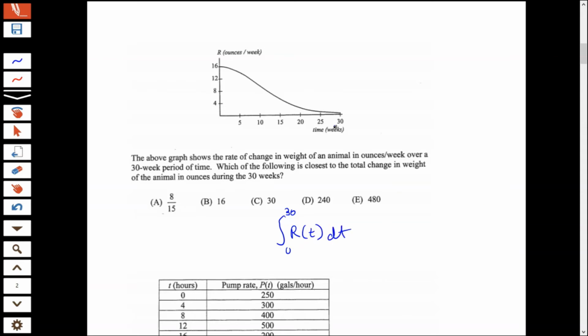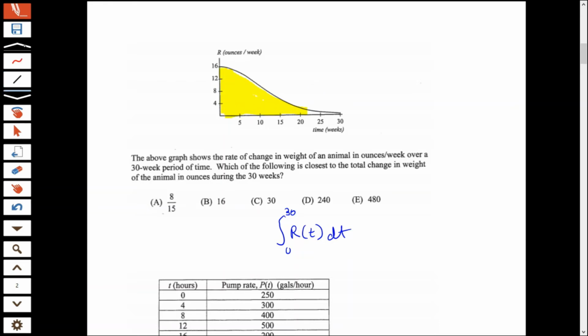Well, if this is our function, and this is a rate of change function, and we're trying to take the integral of it, well, that integral is also equal to the area. So essentially, what we'd like here is to know what the area is of all of this stuff here.